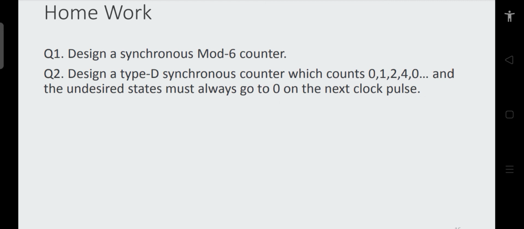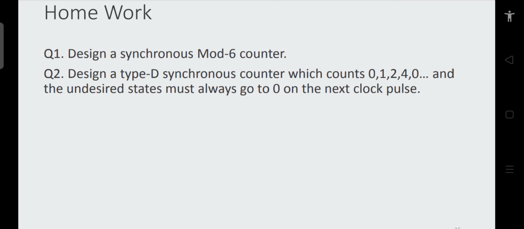Considering this, draw the state diagram, and once you draw it, write the state transition table. After writing the state transition table, you have to use a D flip-flop as it is written here. In the previous question, it was not mentioned which type of flip-flop to use, so in that case you can use any flip-flop. But here, as it is mentioned that you have to use a D flip-flop, use only that.